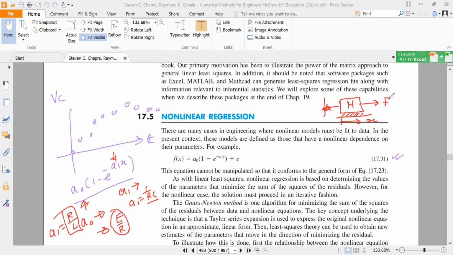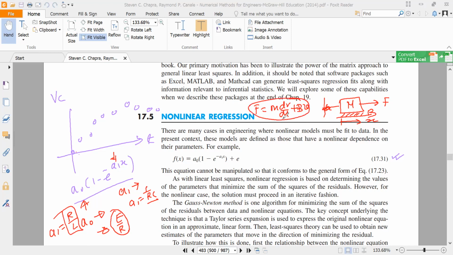If you want to solve it for your velocity, then what will happen? The velocity equation will involve your force being equal to m into dv by dt, plus another force, which is lost in your friction. This is your differential equation.